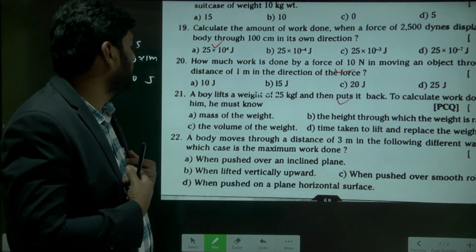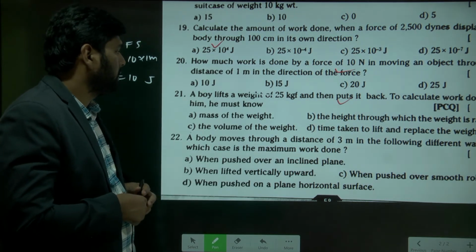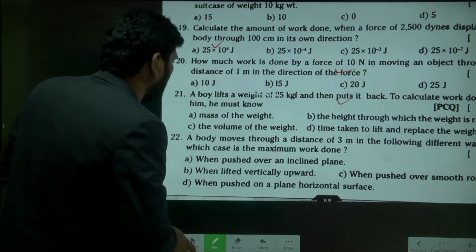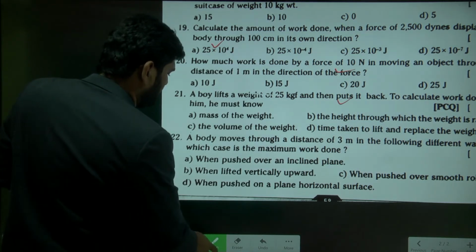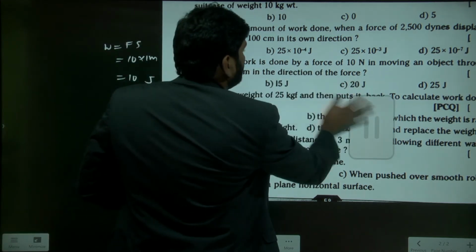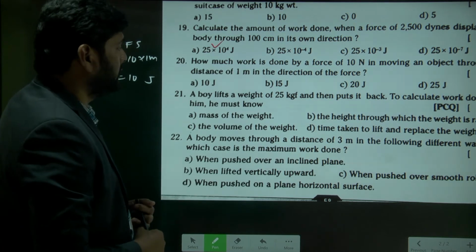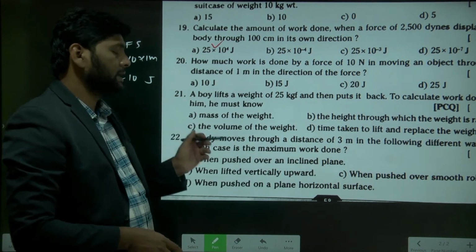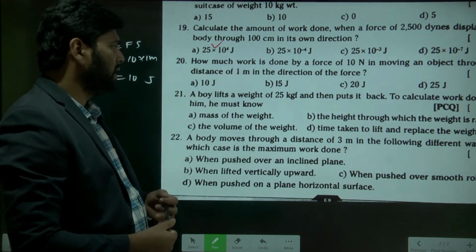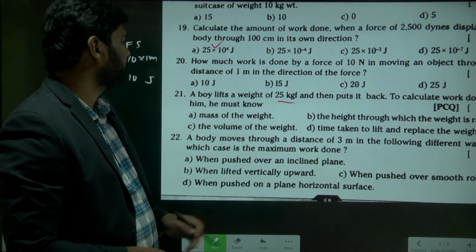Calculate the work done by him. To calculate the work done, what do we require? What is the data we require to find the work done? Mass of the weight? Not required, it is already given, 25 kg.